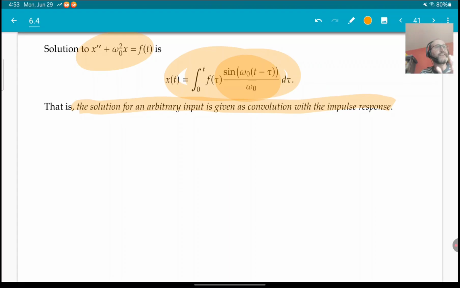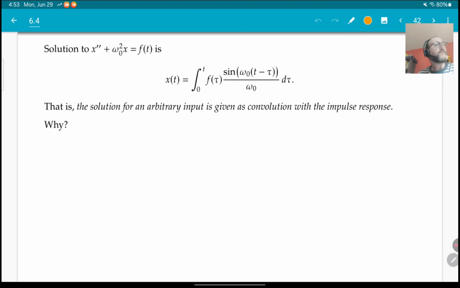That's where the impulse response becomes important, because we can come up with the solution for any input once we know it. We take our system, poke it with a stick, figure out the impulse response, and from then we can get the output for any input, because we know this function.